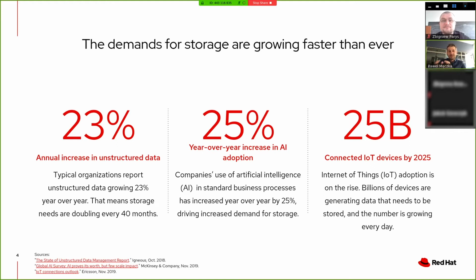You can see there are 3 different reasons. First one, I really do like the 23% annual increase of unstructured data. We can see that we're doubling this data every 40 months, with 23% yearly growth. So this is what I asked you before, how many exabytes we have. It actually doesn't matter because this data keeps growing all the time. The next thing is that the world is investing in AI more and more, so we need to gather more and more data.